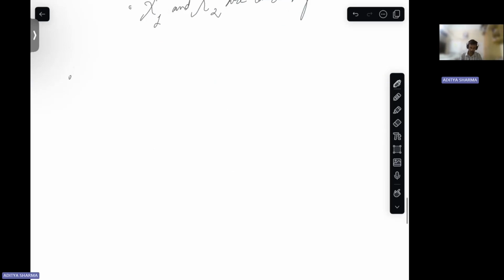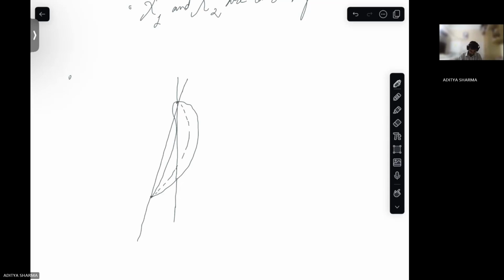One second, if we see, let's draw this. This is your chord line.